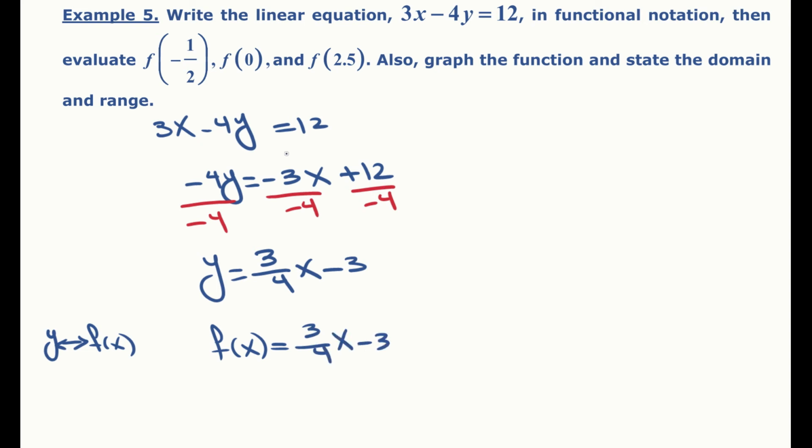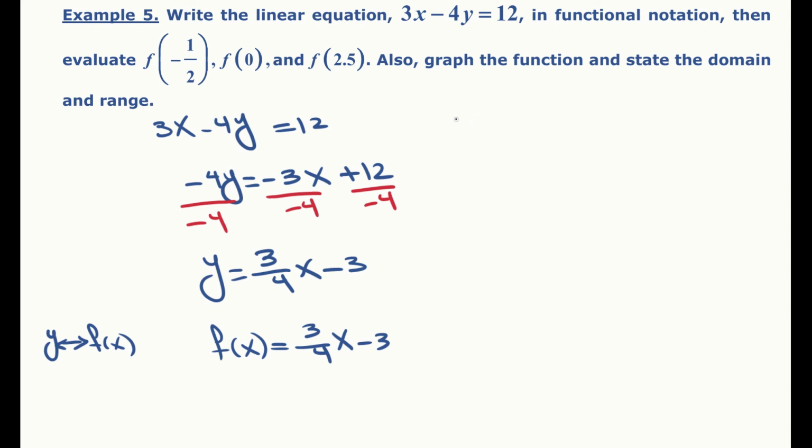So we just took a linear equation in standard form and converted it into a function, which is a nice thing to be able to do, because now if we want to evaluate this function at any given point, all we have to do is plug it in for x here.